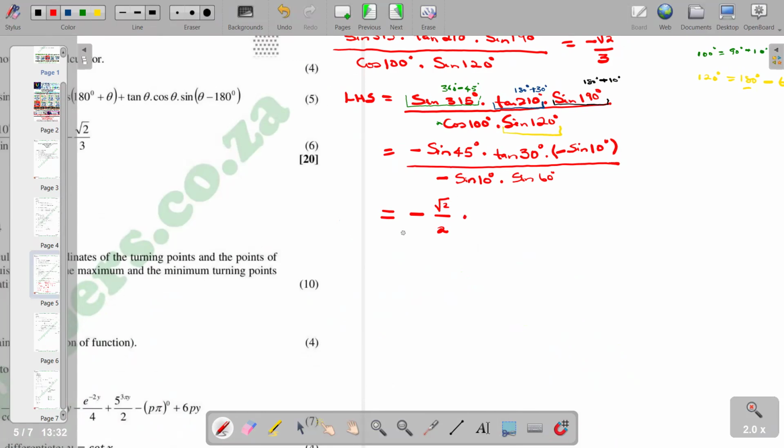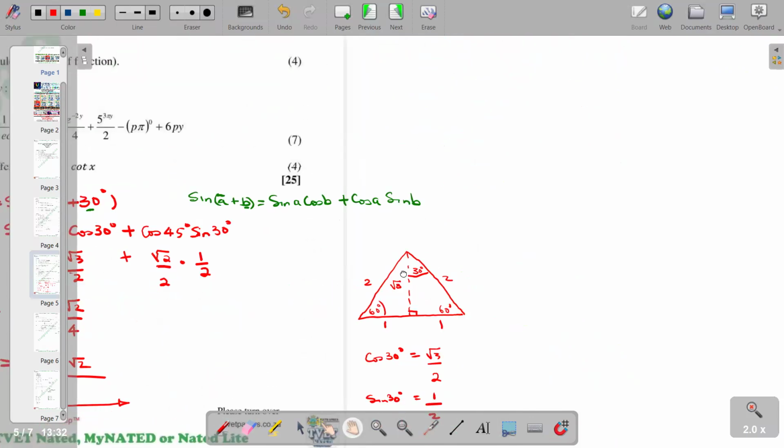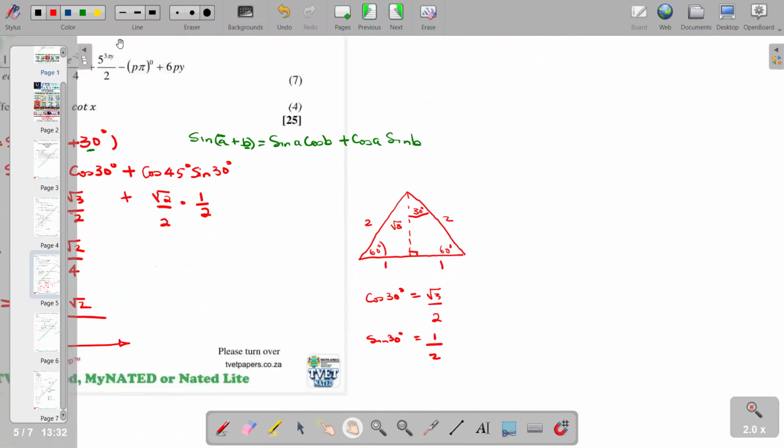a tan 30 special angle again. Since we had not calculated it earlier on, but if you still remember, we have our triangle for tan 30. We know from our trig ratios, tan can be written as opposite over adjacent. So tan 30 degrees: the opposite is 1, so this can be written as 1 over the adjacent, which is root 3.